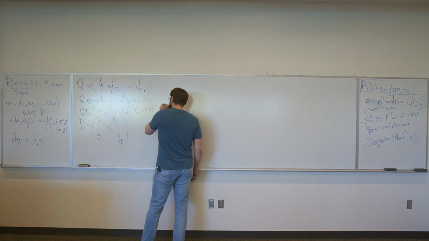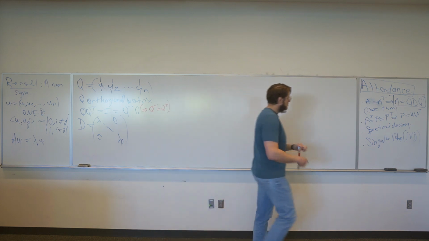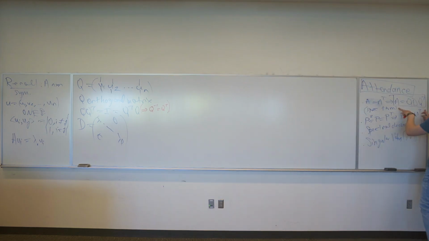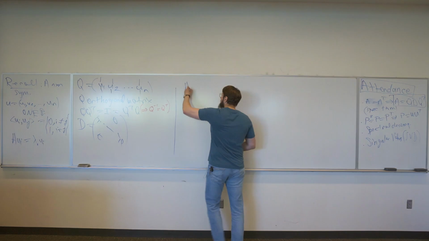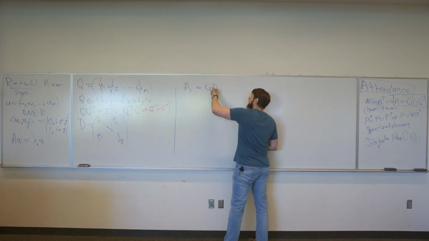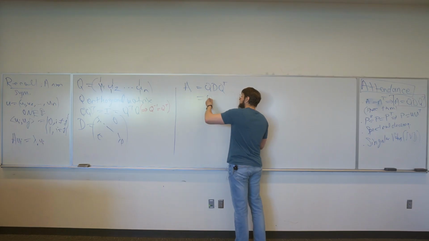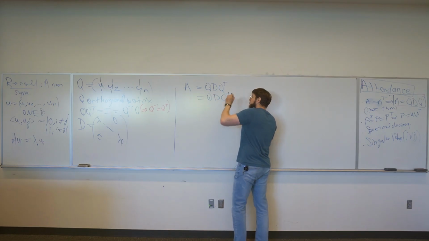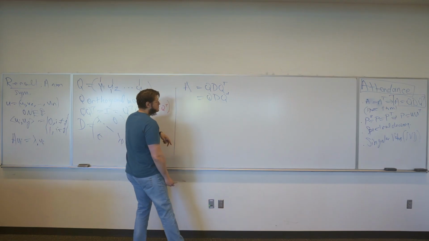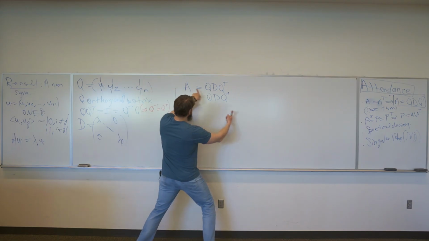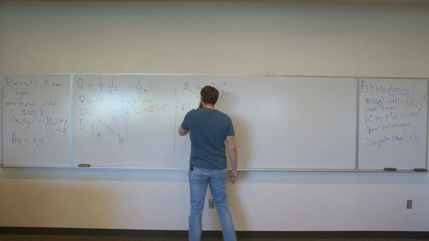And so I can start with this expression. This is the same thing as Q D Q inverse. But then matrix algebra allows me to say, if I multiply both sides by Q, I have this.